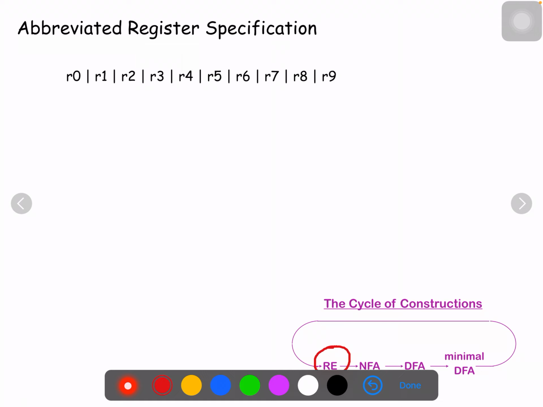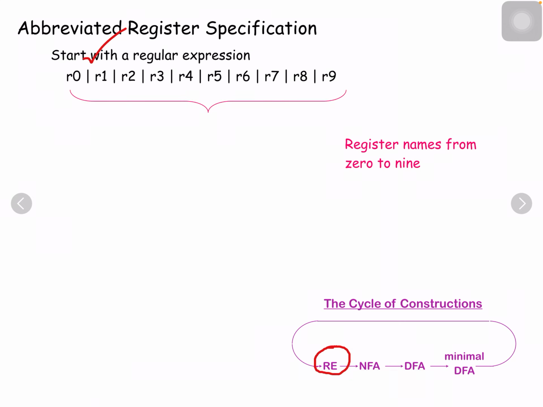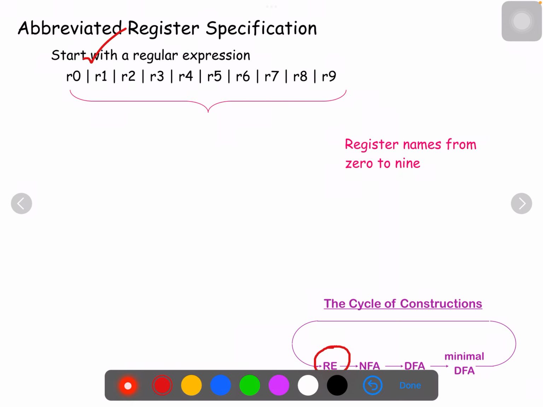How do you recognize it? You can say it is one of the expressions. Either your NFA is accepting R0, R1, R2, R3, R4, any one of them it will accept. The pipe symbol indicates accepting either R0 or R1 and so on, right? So these are the register names.